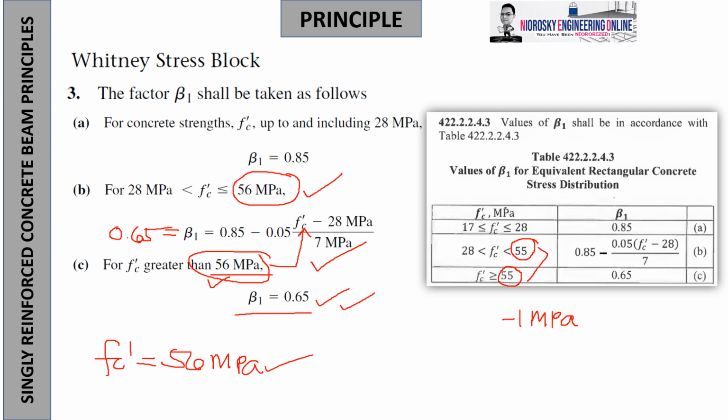So therefore, we will also get 56 megapascal. So I will already accept that this beta 1 should have a 56 megapascal condition. As we progress, I will try to use 56 megapascal, and don't worry, I still accept this 55 megapascal, but for me to better analyze, my main basis now is the 56 megapascal.